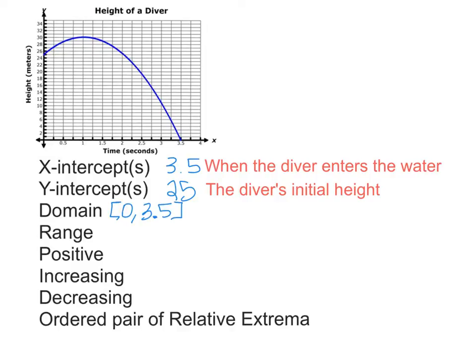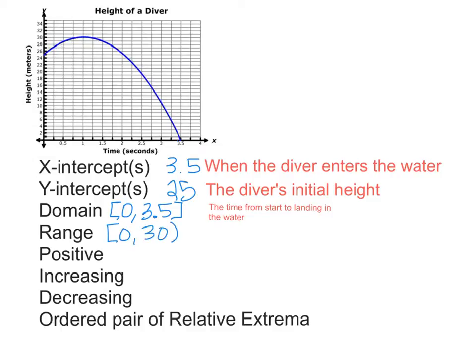And contextually, what this means is this is the time from the start of the dive to landing in the water. All right, now looking at the height, this looks like the maximum point right there, which looks like 30. I'm going to say 30. So for the range, I'm looking at the y values, and the range is going from 0 to 30.